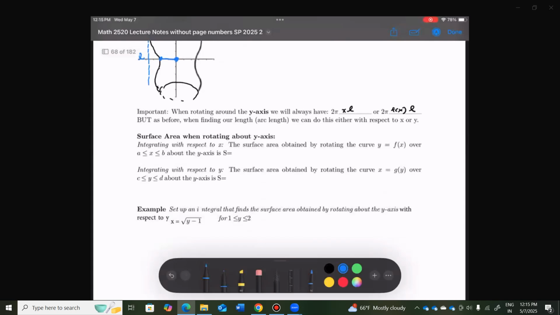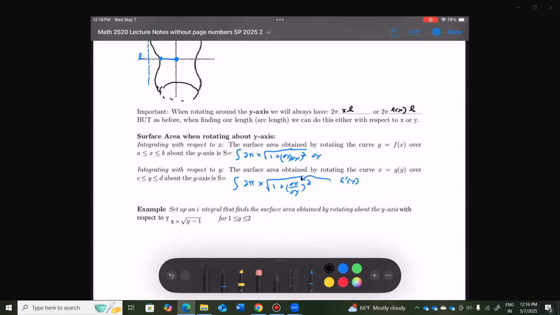So the way we will write the surface area if we're integrating 2 pi x times the square root of 1 plus dy over dx squared dx, that's when we're doing it with respect to x. And when we do it with respect to y, then in the integral it's 1 plus dx over dy squared. So dy over dx, or the derivative of your f of x, and dx over dy, or the derivative of your f of y, goes here.